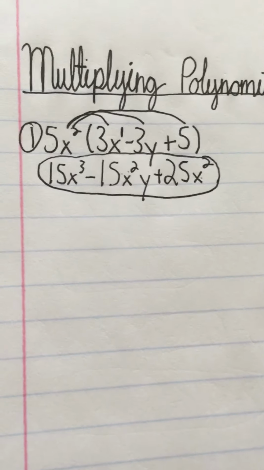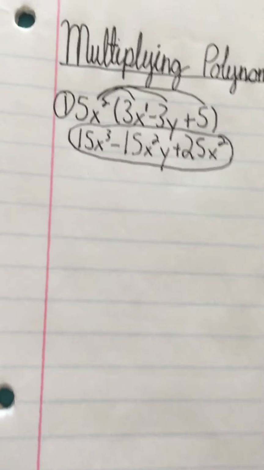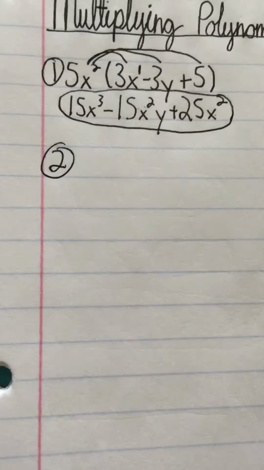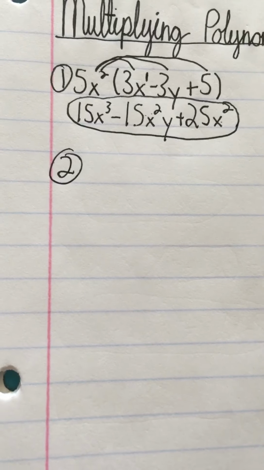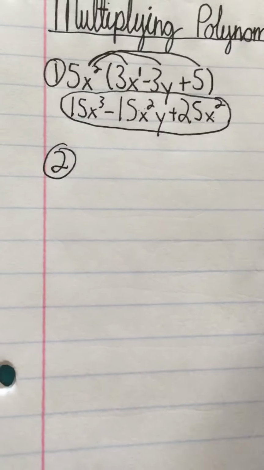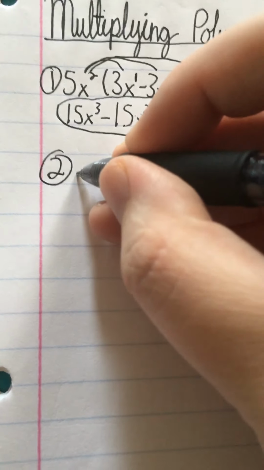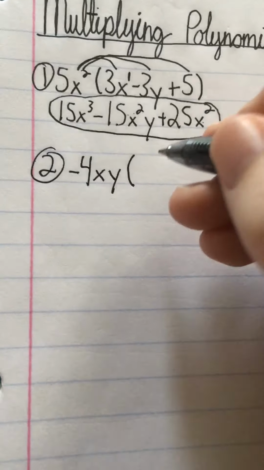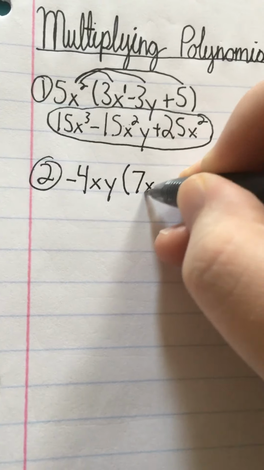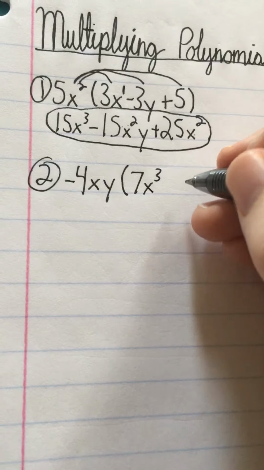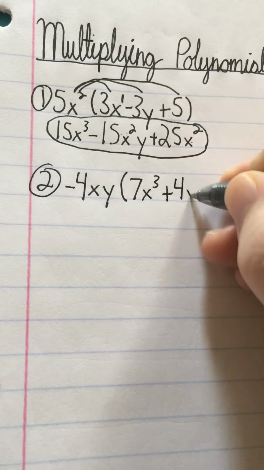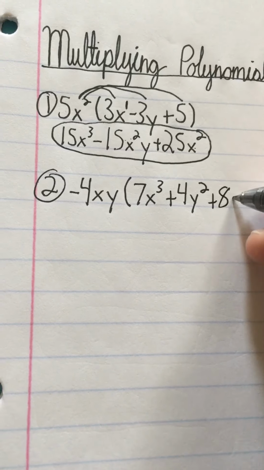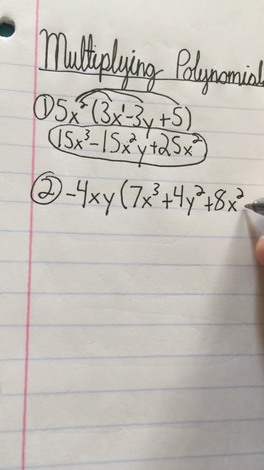Now that might be something that you've probably done already, but it's a good segue into our more difficult problems, like negative 4xy times 7x cubed plus 4y squared plus 8x squared y.